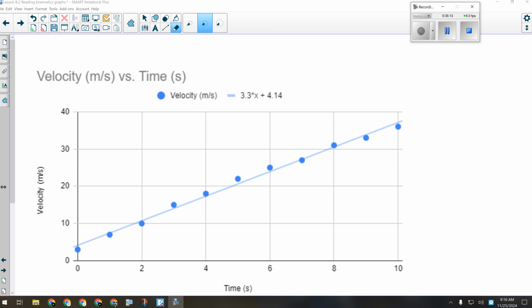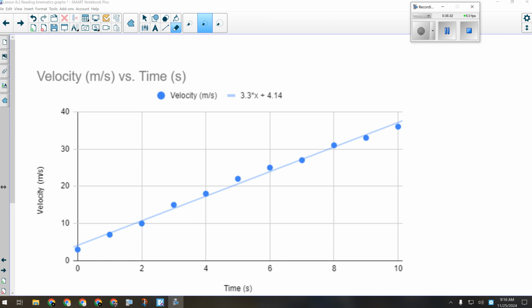Right, because velocity is y in this case. So we do 3.3 times 25, because that's the seconds we need, and we add 4.14. Exactly. We use y equals mx plus b.